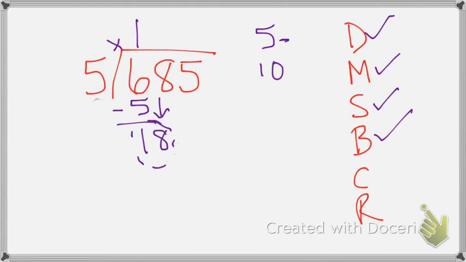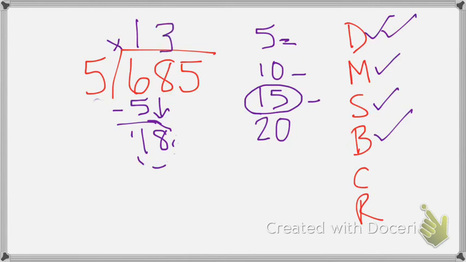There's my sparkle. So now I'm going to go back to my list of multiples. I need to get close to 18 without going over. So that's 15. 1, 2, 3. So my divide is 3. 3 times 5, my multiply, is 15. Now I subtract. 18 minus 15 is 3.